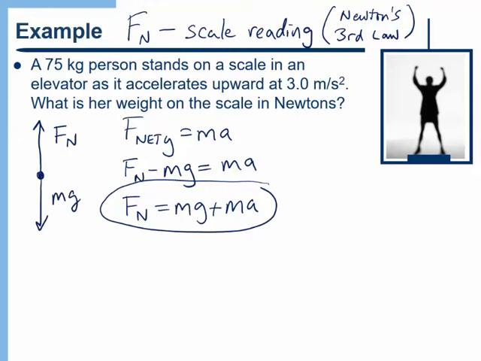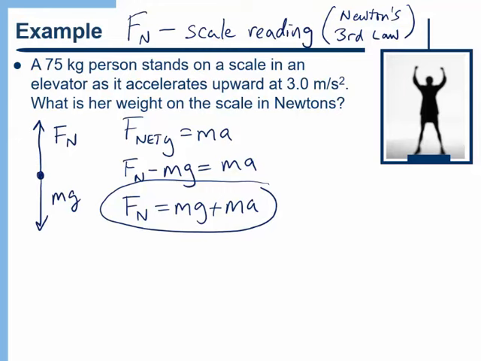And if you brought a scale in with you and stood on the scale, you would see the scale needle go up. On the other hand, you've probably noticed that when the elevator is up at the top and it starts coming down, it's accelerating in a negative direction, and you actually feel lighter at that moment. And that makes sense because this term would be negative. The scale reading will actually be less than normal.